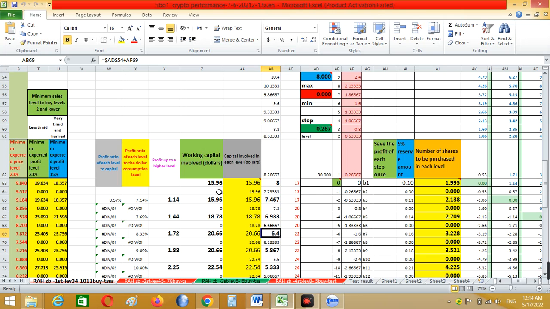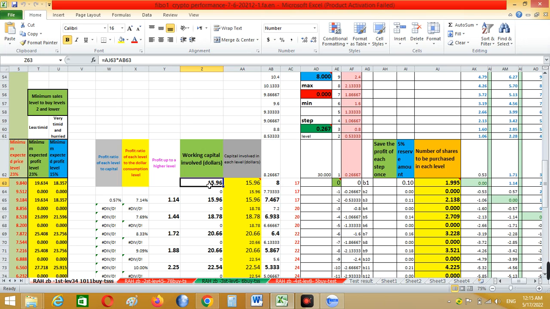On the left side, in working capital involved, you see the dollars we can spend at this price equal to 15.96.